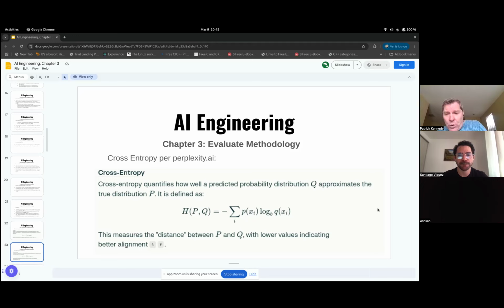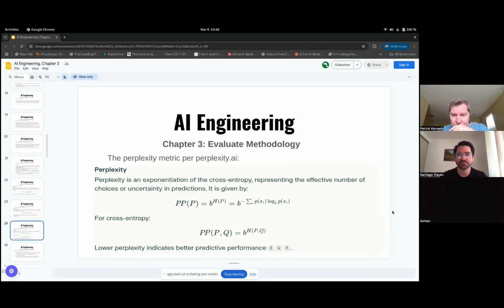Then you multiply them together, sum, and reverse the symbol, making it positive, because the sum is always negative after that summation because of that logarithm. And then you reverse it, so cross entropy will also be a positive value. So this measures the distance between P and Q.